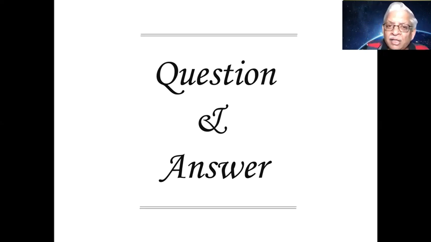So the Gunatita portion of chapter 14 of the Bhagavad Gita is the 7th mantra of the Mandukya Upanishad. Am I clear? Madhavi, are you there in the group now? Yes, sir, it's clear.